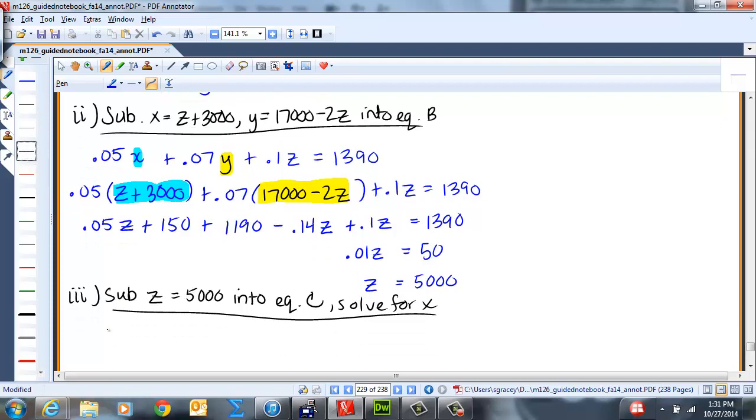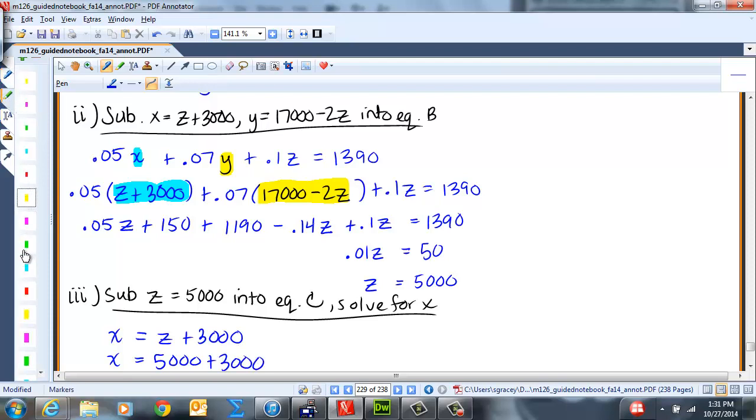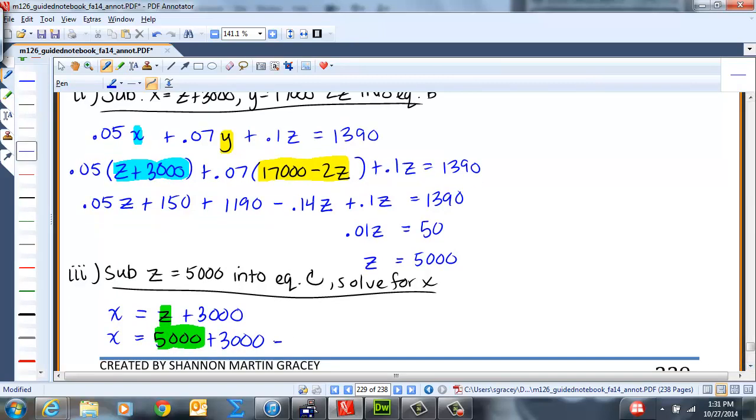So x is equal to z plus 3,000. So x will be equal to 5,000 plus 3,000. That's what we had found for z in the last step. So that gives us x is 8,000.